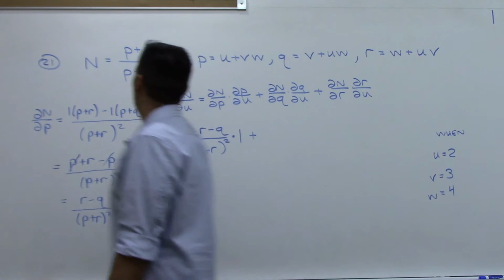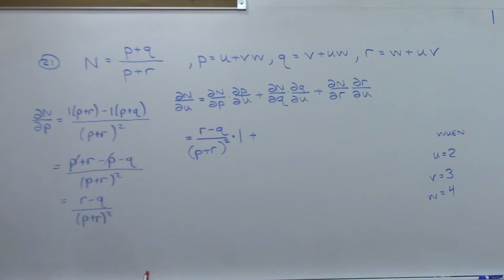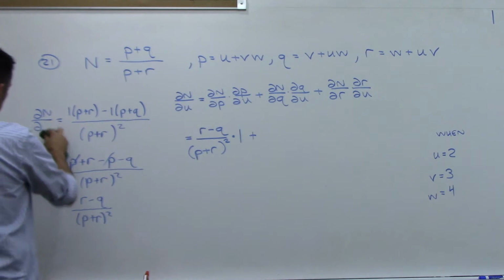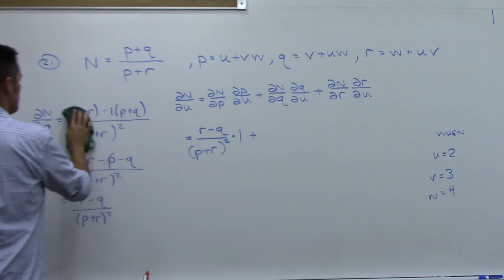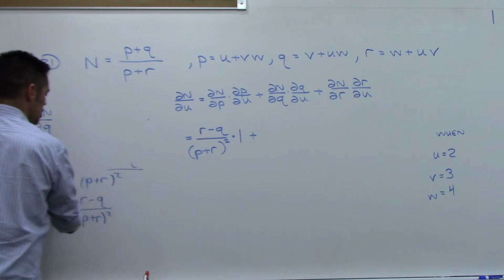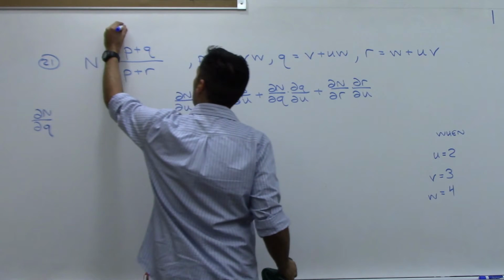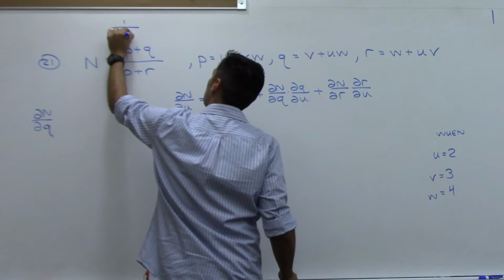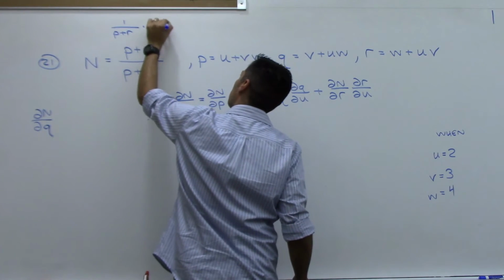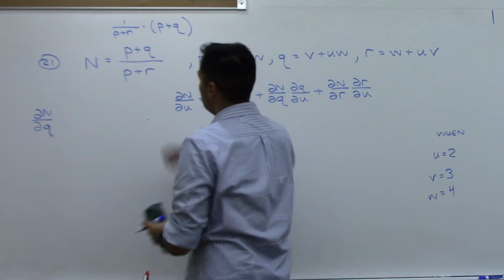So how are we going to do this? Partial of N with respect to Q. All right, so what I want you to notice is that if I rewrote this, I could go 1 over P plus R times P plus Q. And so this is a constant, right?